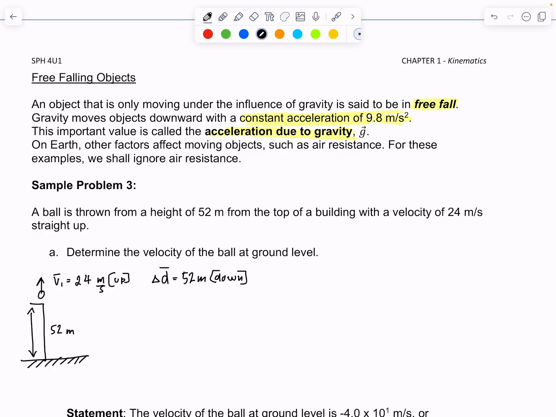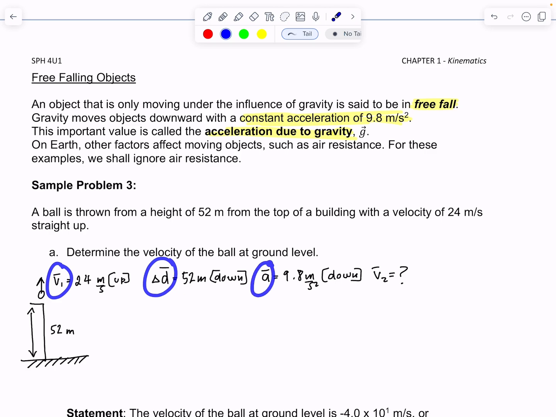Since this object is under the influence of gravity, we know that the acceleration due to gravity is 9.8 meters per second squared down. And we want to find the velocity when it travels back down to the ground. So we have V1, delta D, A, and V2.